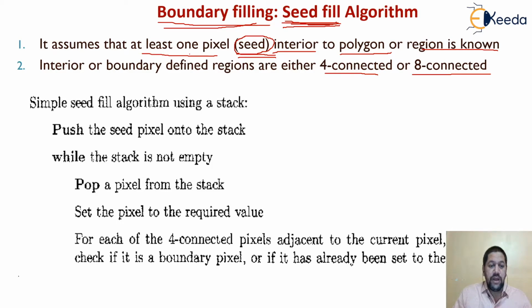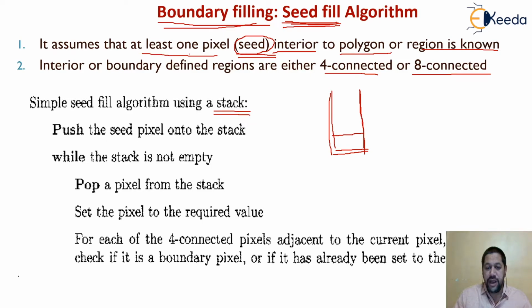Now we will look at the simple seed fill algorithm using a stack. Everyone knows what a stack is. Stack is a data structure having the property of last in first out. Generally I consider this as a stack which has only one end open.